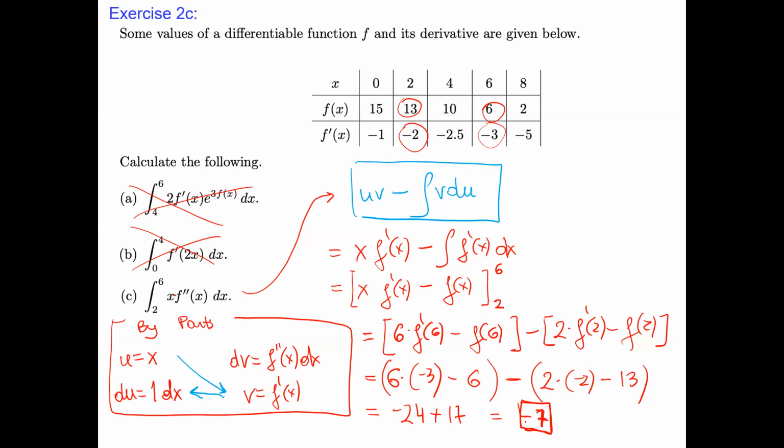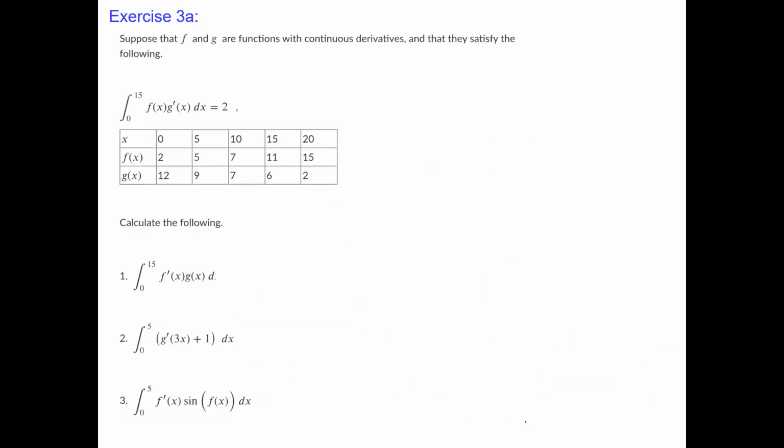Okay, we did some techniques of integration through the table values. Oh, we have another one, but I can leave this one for you. It's the same concept. I will add my solution. That means you may pause the video, work on them, and check if you are good.